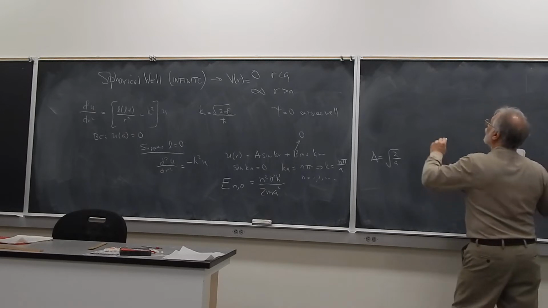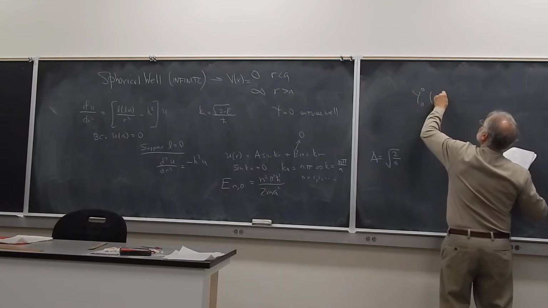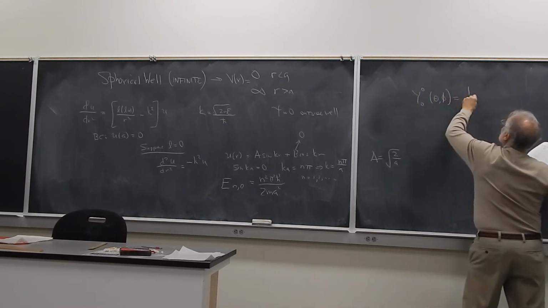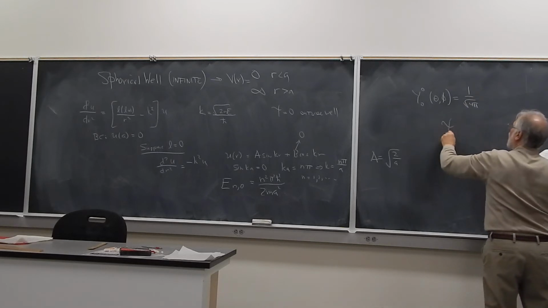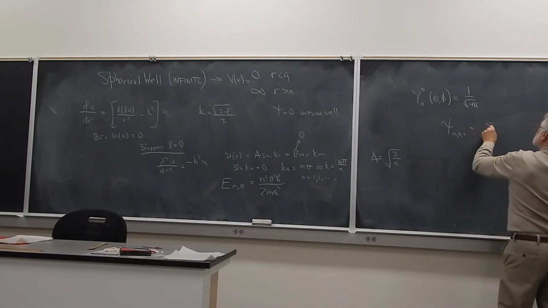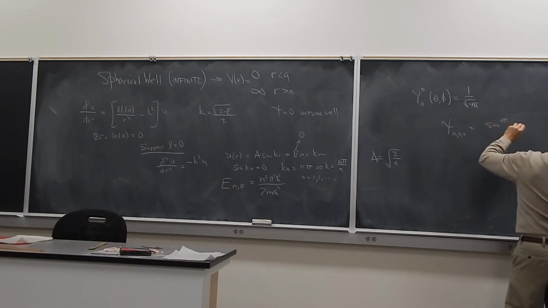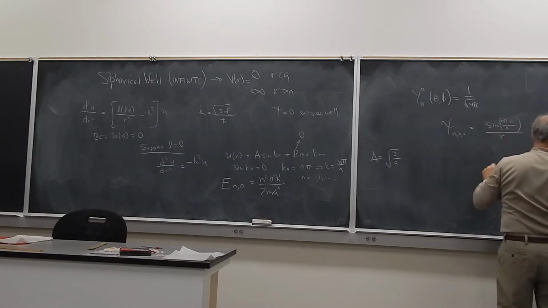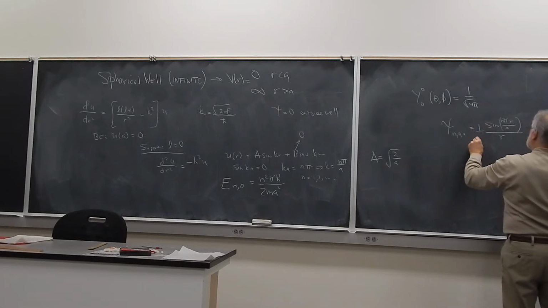And since L is 0, Y00 of theta phi is just 1 over the square root of 4 pi. Therefore, I can write psi n00 as just sine of n pi r over a divided by r, times the normalization, 1 over square root 2 pi a.